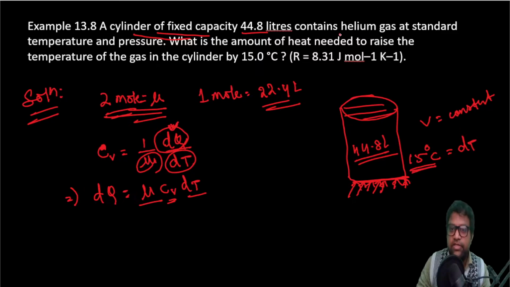How? Because it is given that it's a helium gas, and helium is a monoatomic gas basically. It's a noble gas, so monoatomic. So monoatomic gas will have the degrees of freedom 3, so it will have the energy 3 by 2 kT, right? 3 by 2 kT.